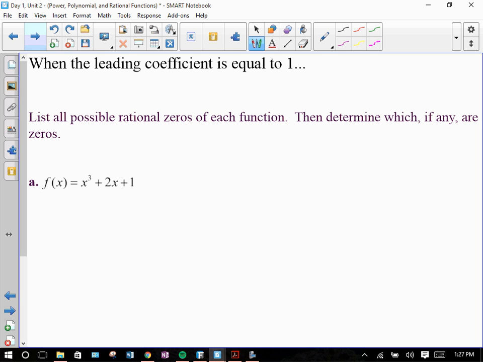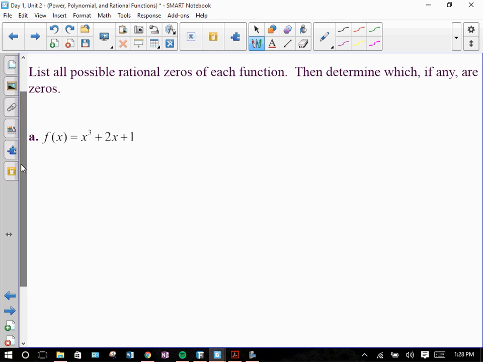Nope. None of the coefficients can be fractions or decimals. Where do we find the leading coefficient? From the variable that has the highest degree. So the highest degree is 3. So therefore, my leading coefficient is the coefficient in front of this x cubed term, which is 1. Right. So here's what we're going to do.